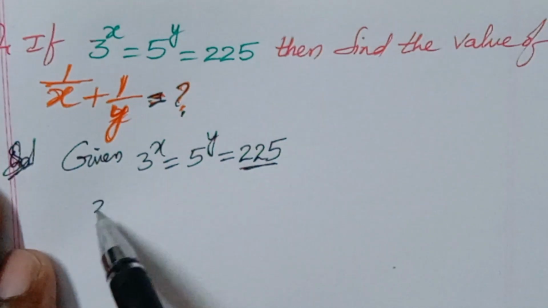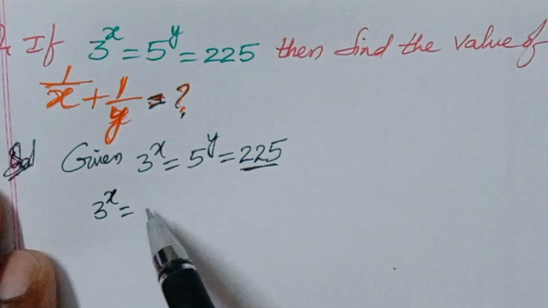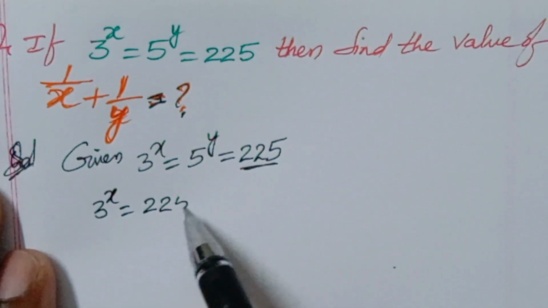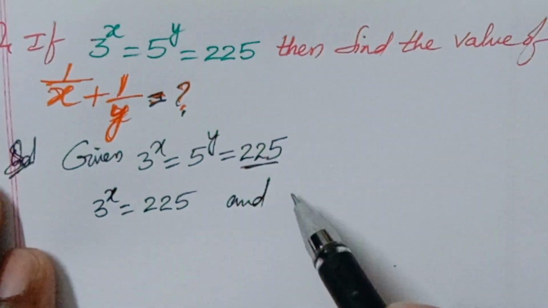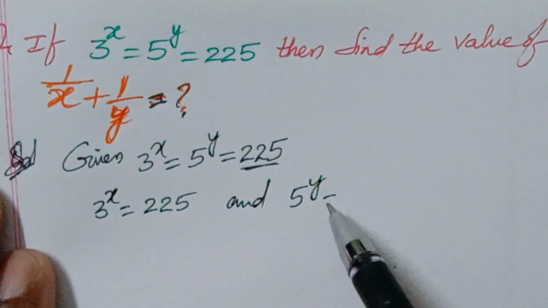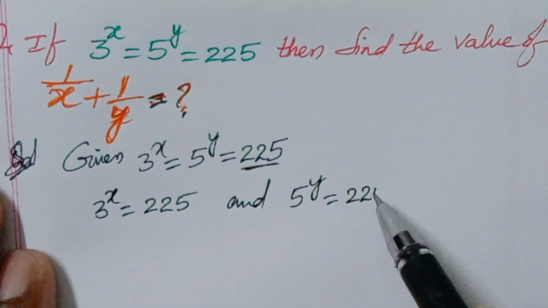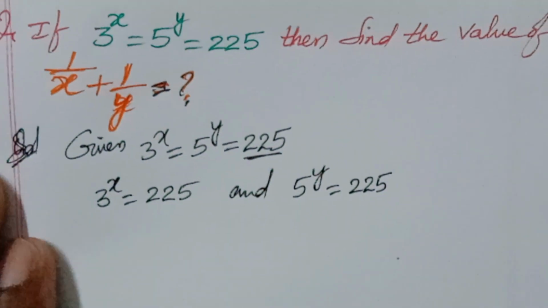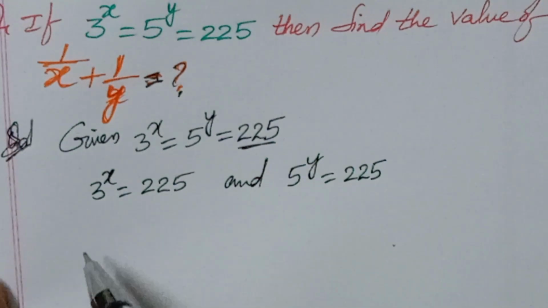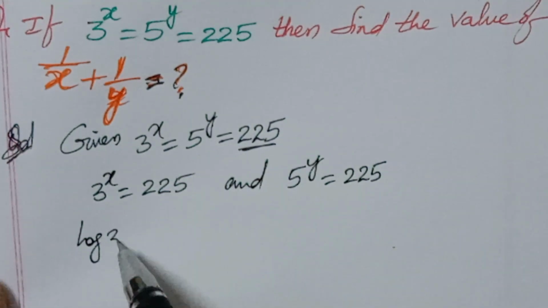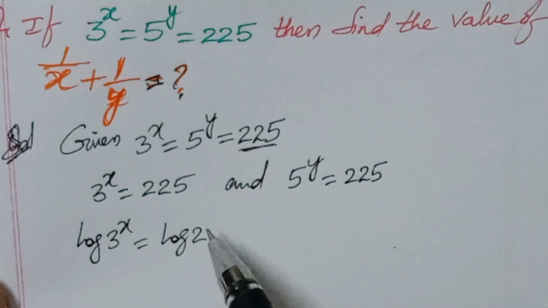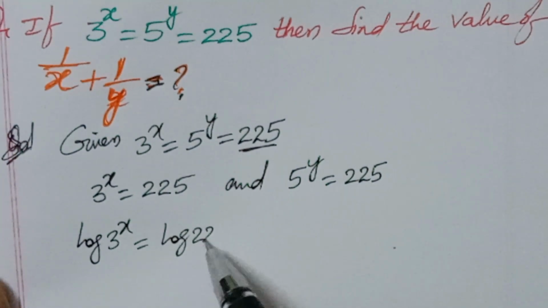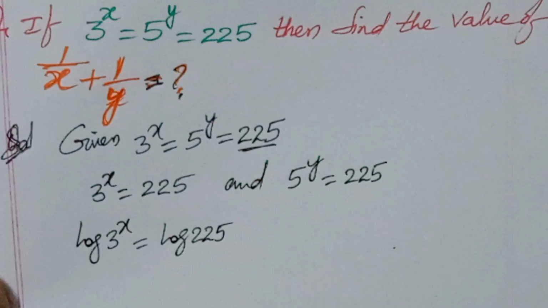So here first of all I am taking 3 power x equal to 225, and the second one 5 power y is equal to 225. Now taking logarithmic form, log 3 to the power of x is equal to log 225, taking log on both sides.